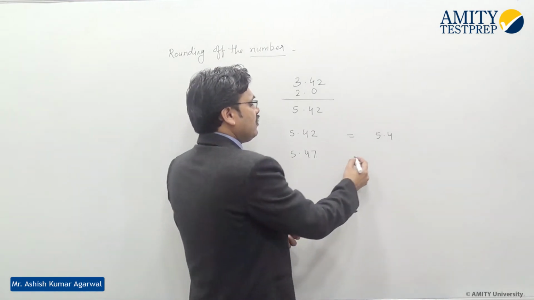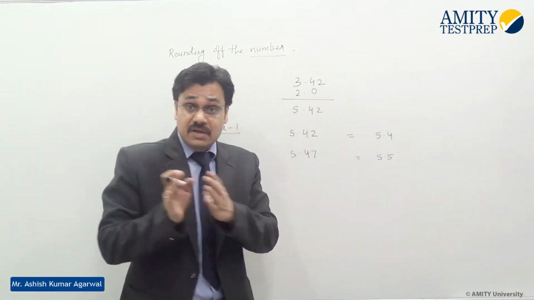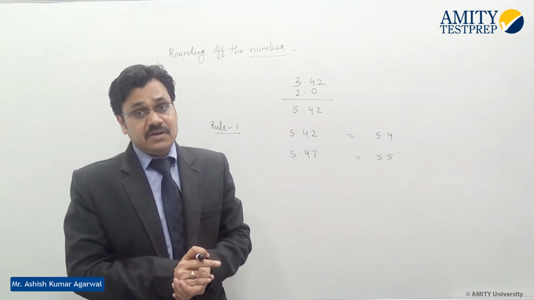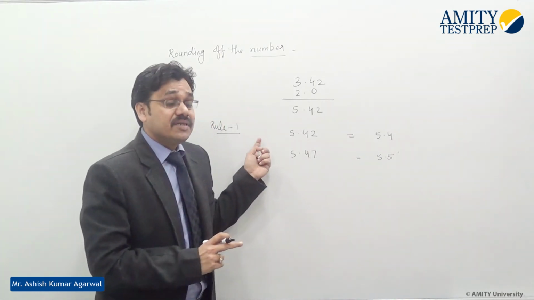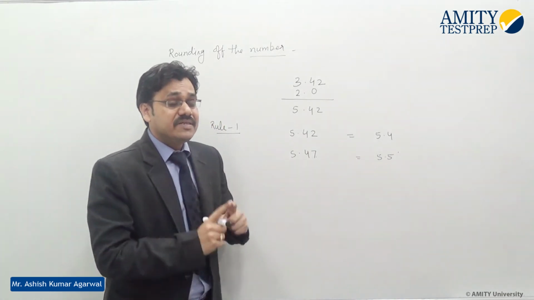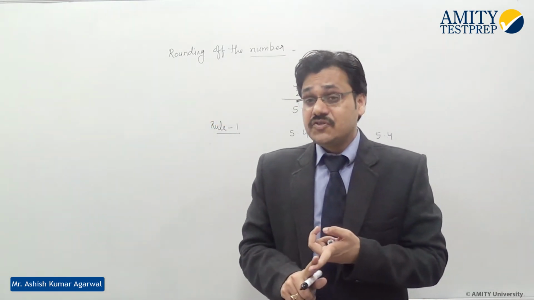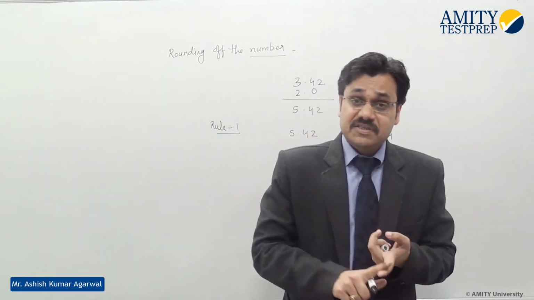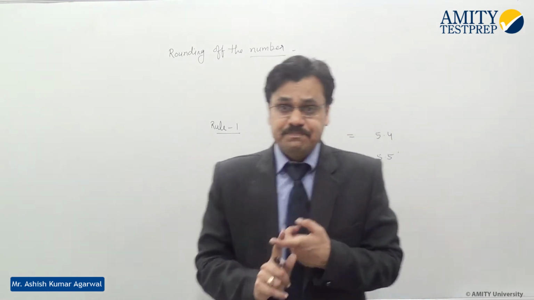It means now our answer will be 5.5, rounded off to 2 significant figures. So this is called the first rule. If the digit which is dropped is less than 5, there is no change in the previous value. If the digit is more than 5, you have to raise the previous digit by 1.